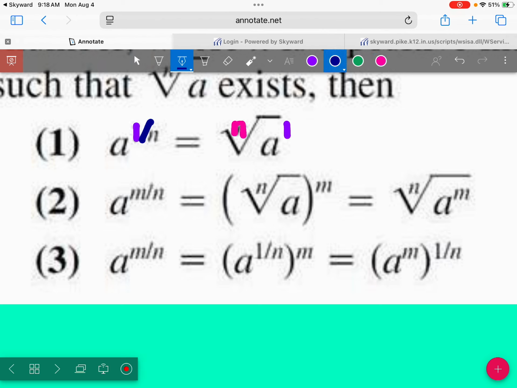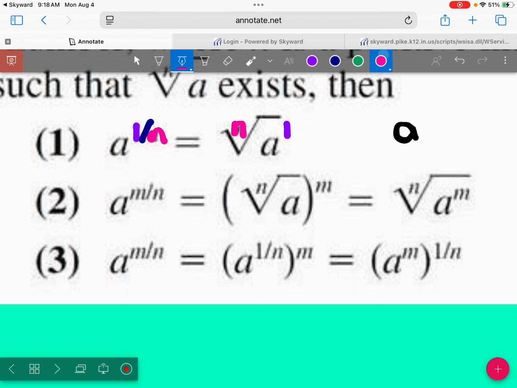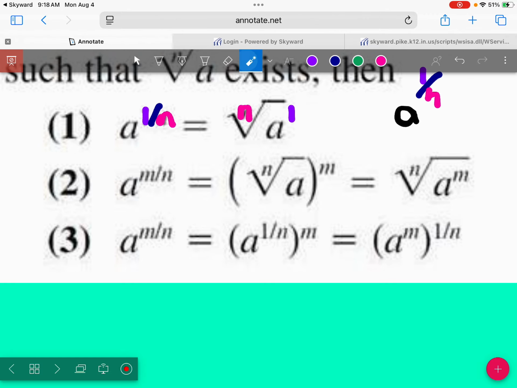So we could write this same root as a to the 1 over n as a fraction. If you have your a to a power of any kind, whether it's inside or outside, that just goes as your numerator.